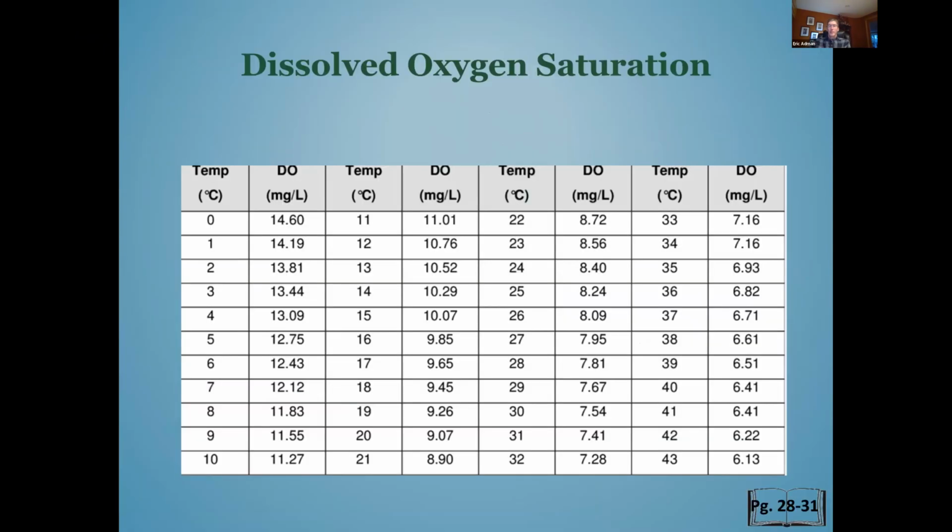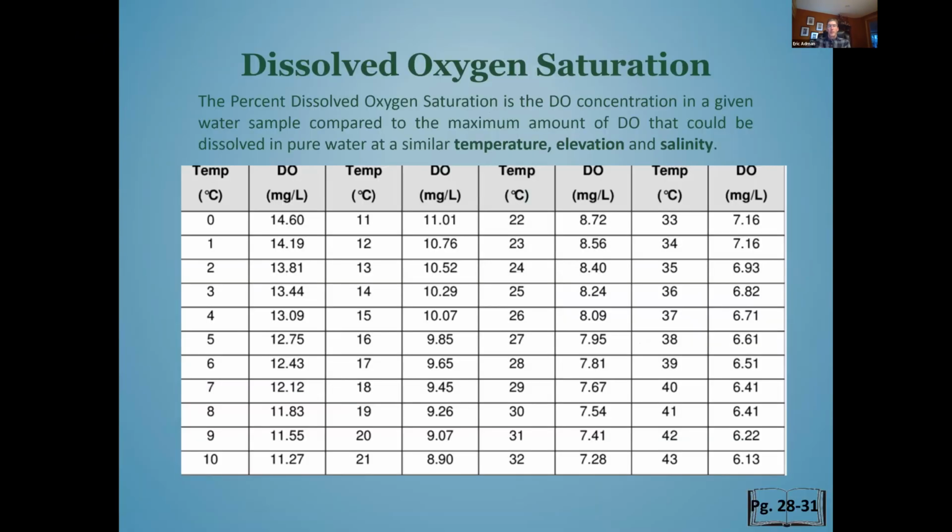So the final thing that we do with dissolved oxygen is we calculate a saturation. Essentially, we compare the number that we came up with for dissolved oxygen to what the maximum number would be at that same temperature. We use a chart to compare that and then do a little bit of math.